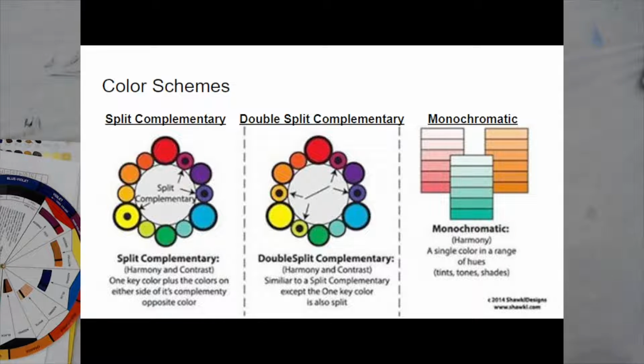For our next, even more complex schemes, with the exception of the monochromatic color scheme, we have split complementary, double split complementary, and then of course the monochromatic. Now, the underpainting that we did, I'm going to start with that even though it's listed third. Monochromatic harmony is a single color in a range of hues, tints, shades, or tones.